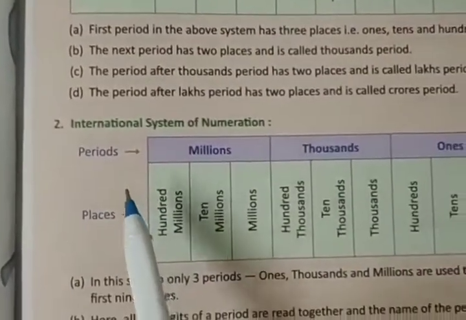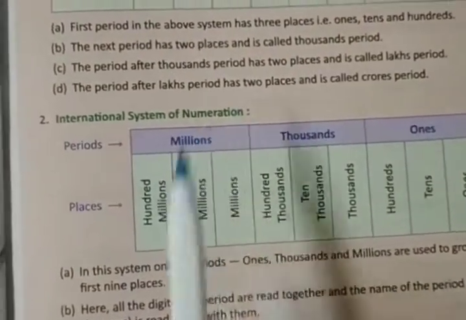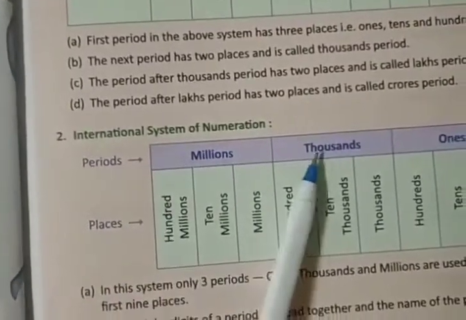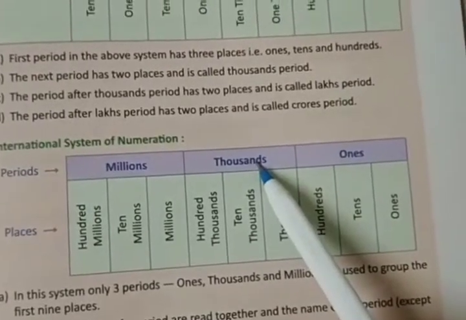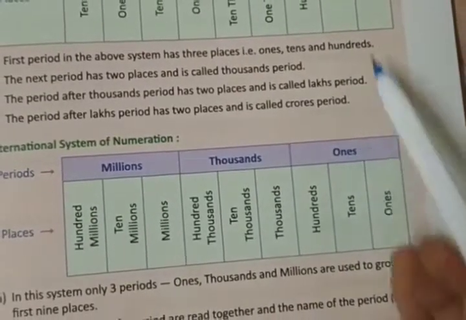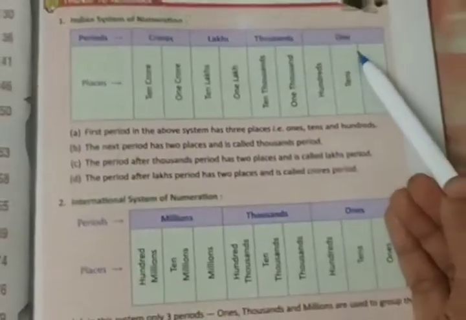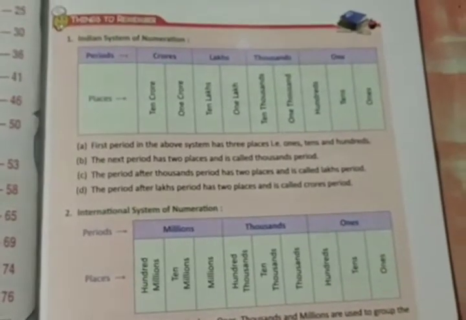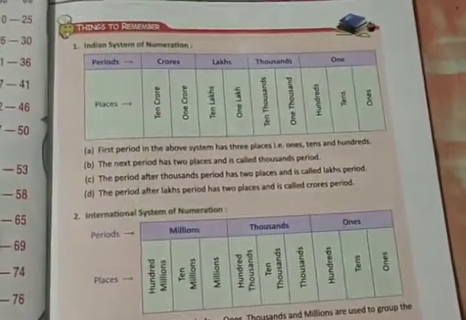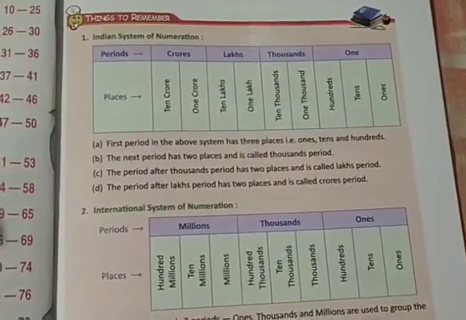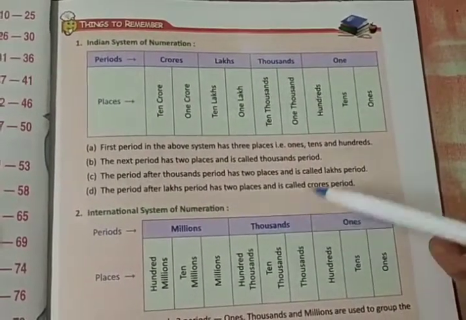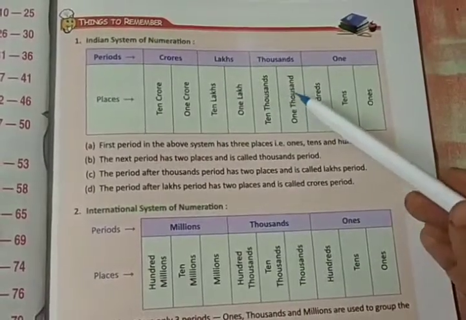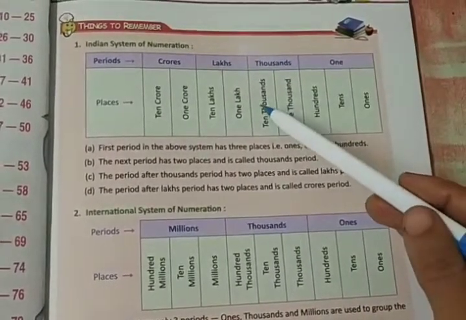In the international system of numeration, you have the following periods. You have ones period and thousands period. Ones period is the same as the Indian system of numeration. But if you see thousands period, here we have only two places, which is 1000 and 10,000.